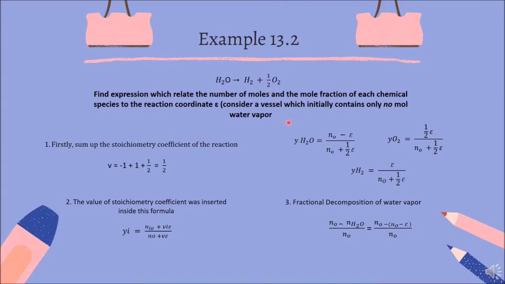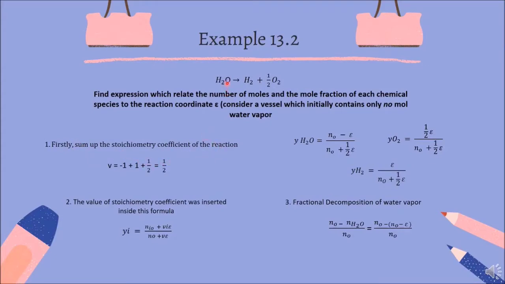So in this question, the steps are similar to example 13.1, but the number of moles is not given in this question. So we begin by first summing up the stoichiometric coefficients of the reaction.